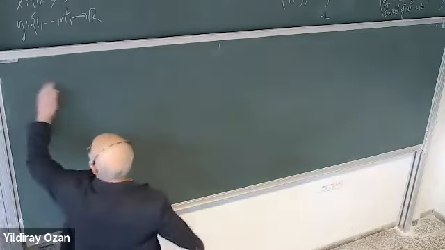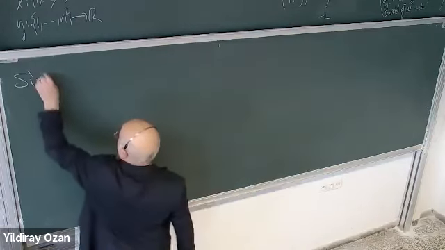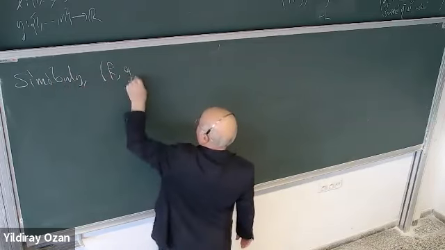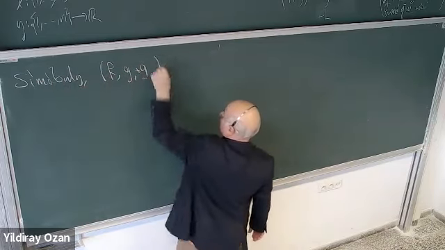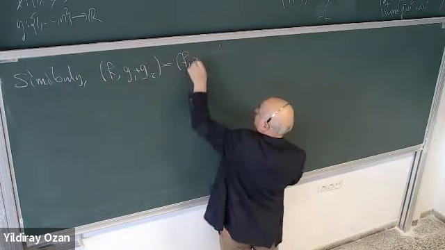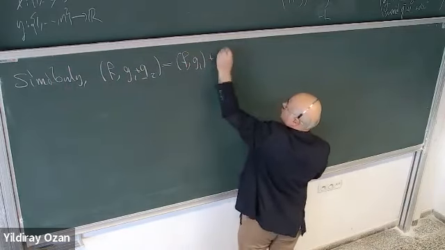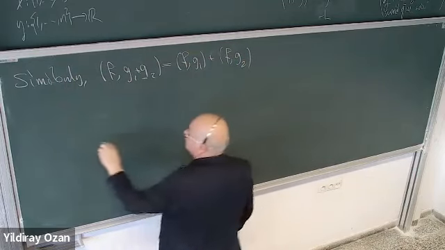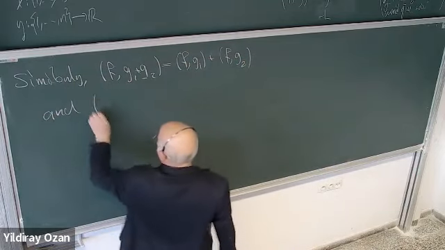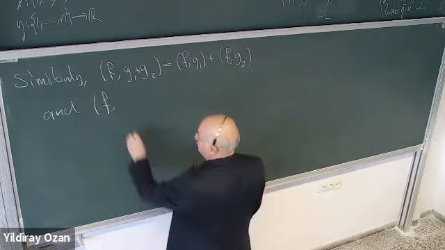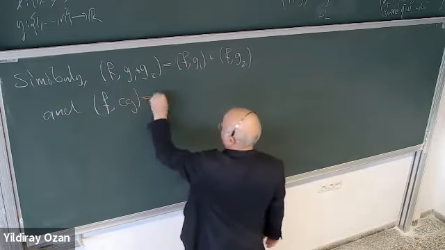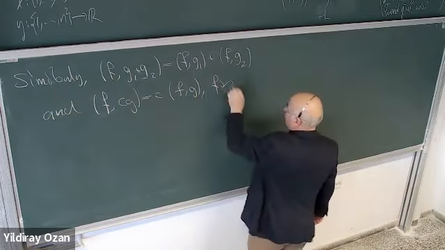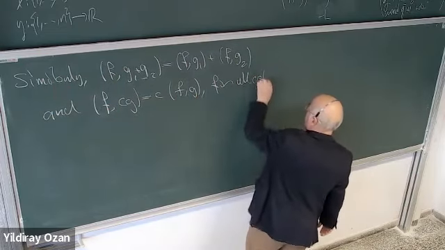Similarly, (f, g1 plus g2) is just (f, g1) plus (f, g2), and (f, t g) is just t times (f, g), for all c.